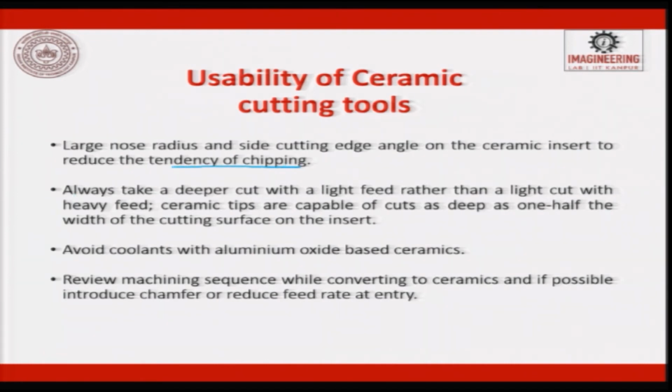This chipping happens because ceramic toughness is poor, so if a crack gets initiated, the next immediate thing that happens is the chipping of the cutting tool. Always take a deeper cut with a light feed rather than a light cut with a heavy feed. It is a combination which you are playing.